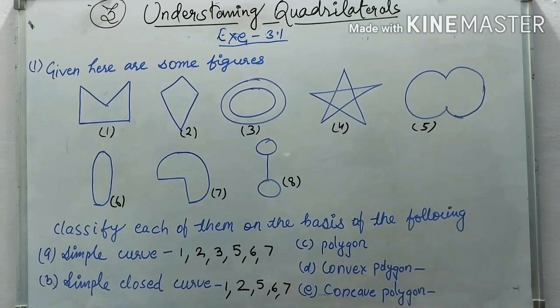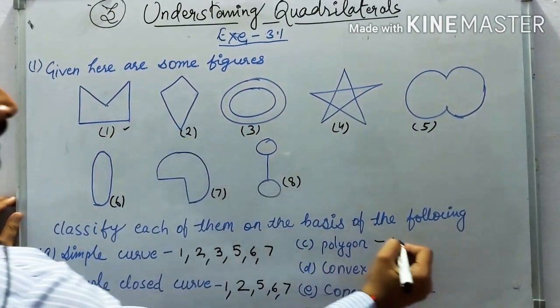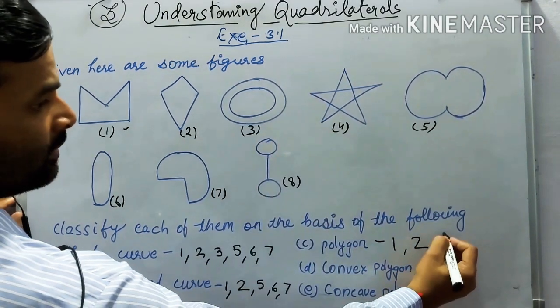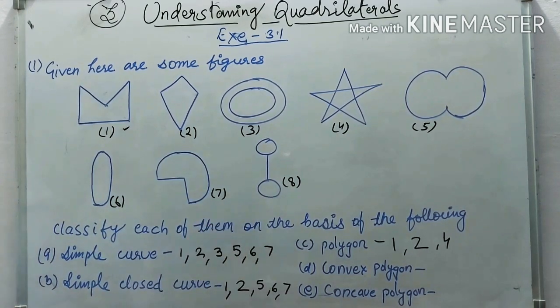The second and third are not simple, the fourth is not simple, the fifth is a simple closed curve, and 6 and 7 are simple closed curves. A polygon is a closed curve made by line segments. So the polygons are the first, second and fourth, because the third, fifth, sixth, 7th and 8th are not made by line segments.